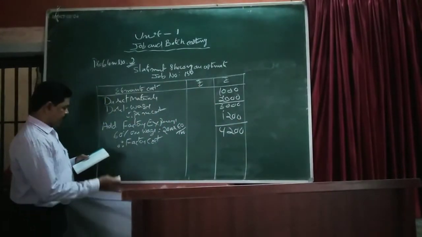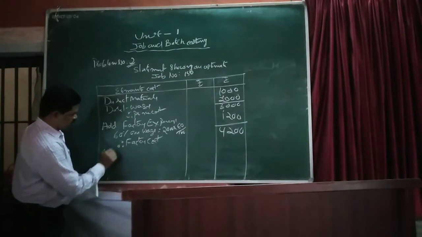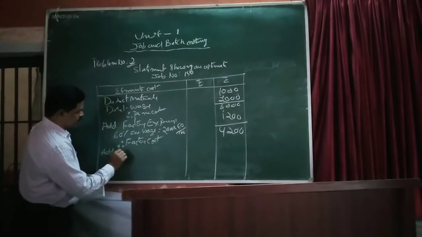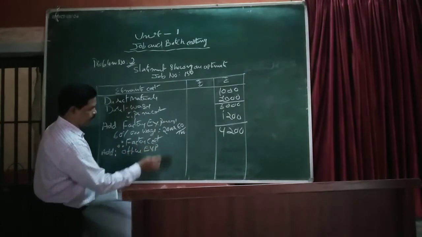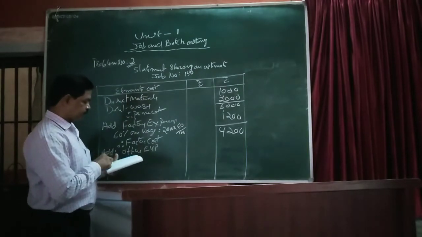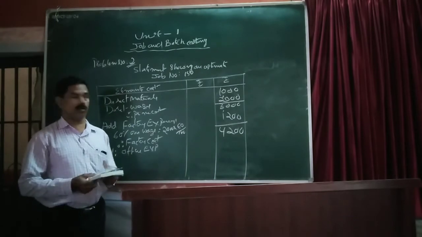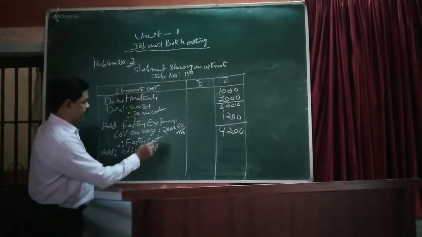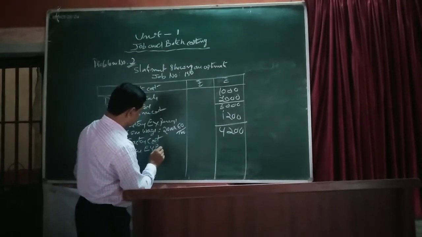Then to this we add office or administration expenses. Office expenses, about this, what is the information? 20% on factory cost. Again we have to estimate this.